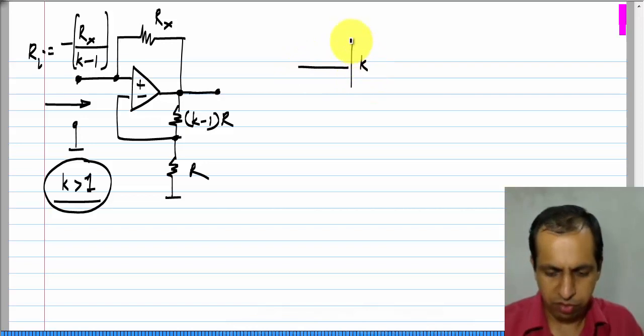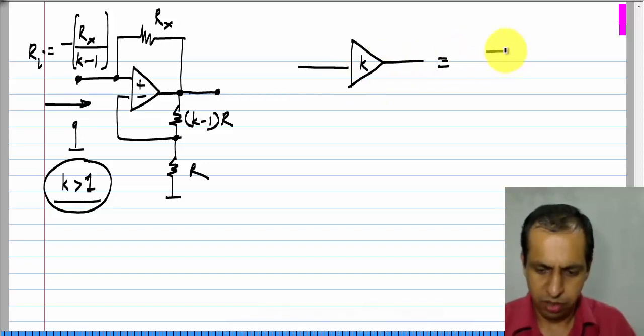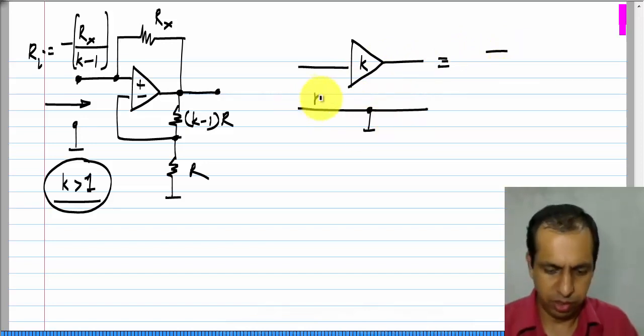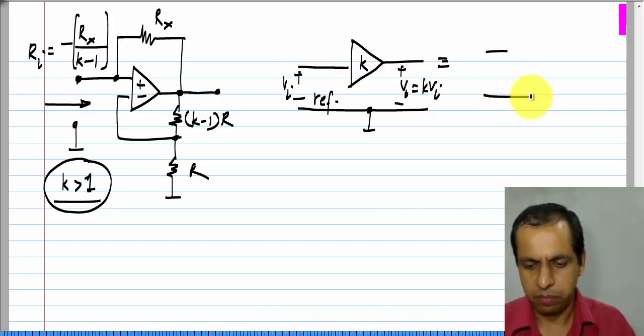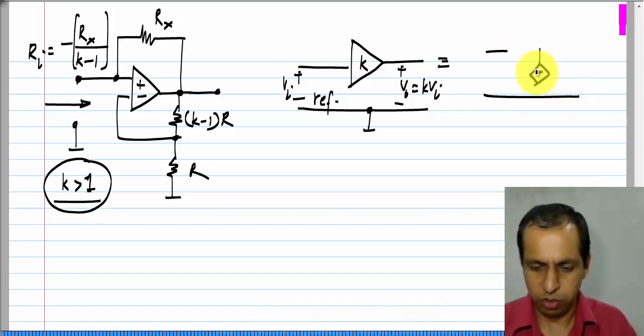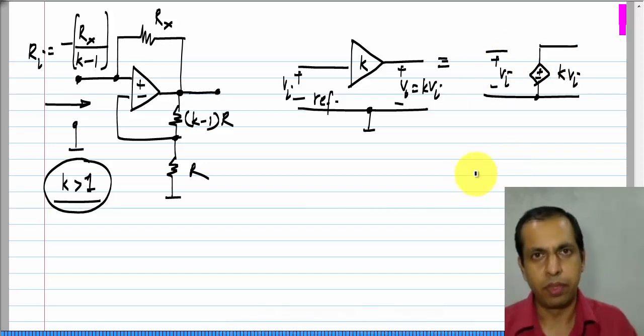If you have an amplifier of gain k, okay, I use this symbol to mean this circuit. Let us say ground is the reference terminal, and this is Vi, this is V naught equals kVi. This is nothing but a voltage controlled voltage source of gain k. So, if this is Vi, this will be k times Vi.